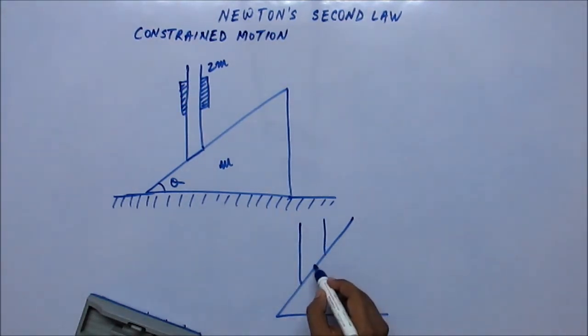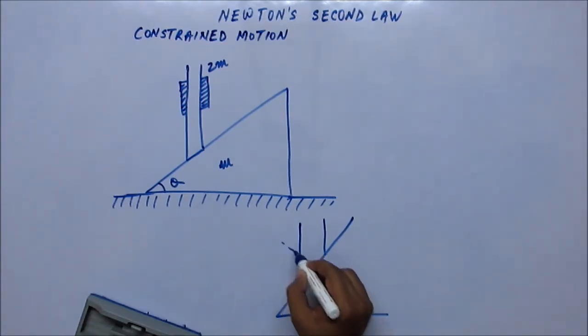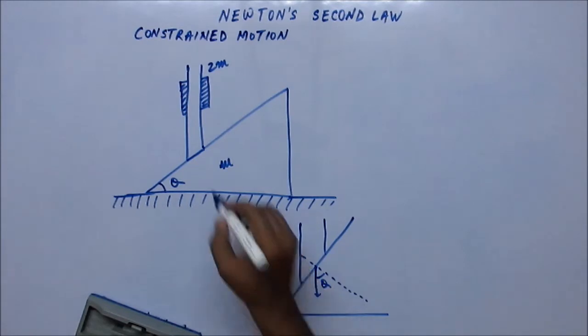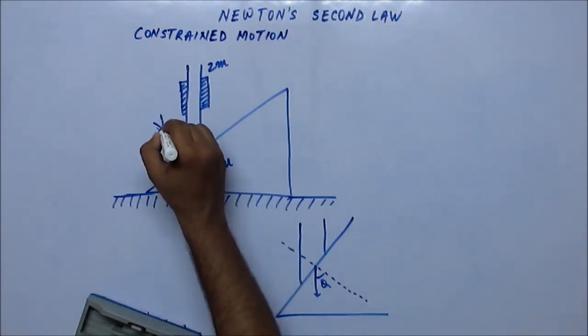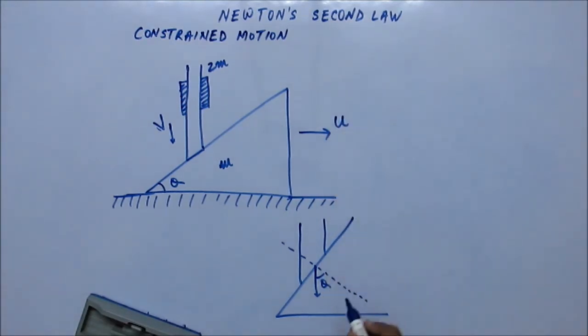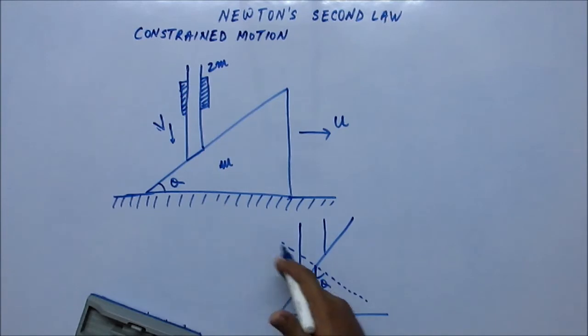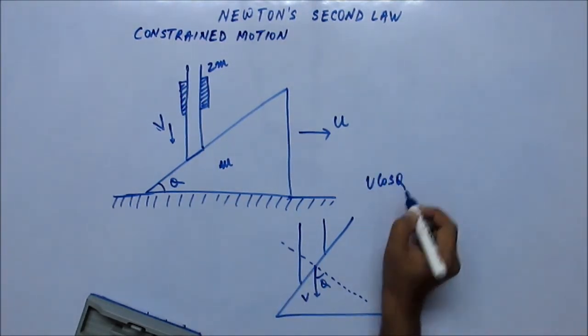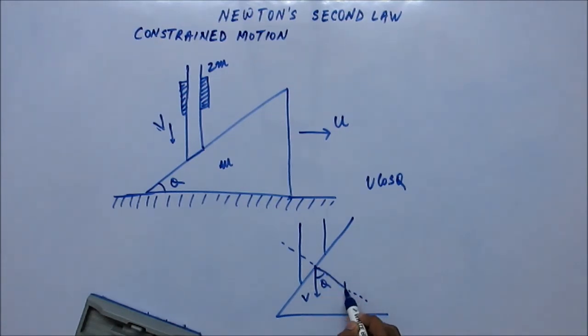This is the column, this is the velocity vertically downward, and this is the line perpendicular to the plane of the wedge. This angle is theta from geometry. So the velocity component of the column, suppose this is coming down with velocity v, and this is going to its right with velocity u. Then this is v. The component on the line perpendicular to the plane of the wedge is v cos theta in this direction.